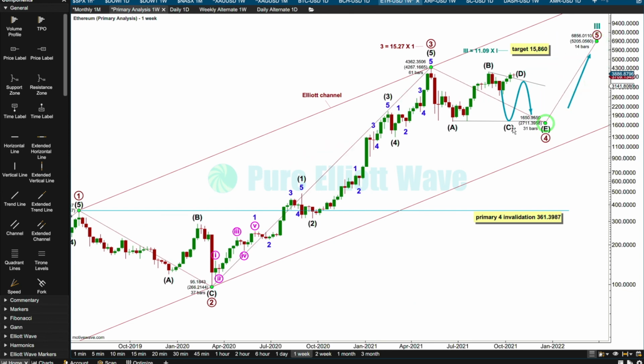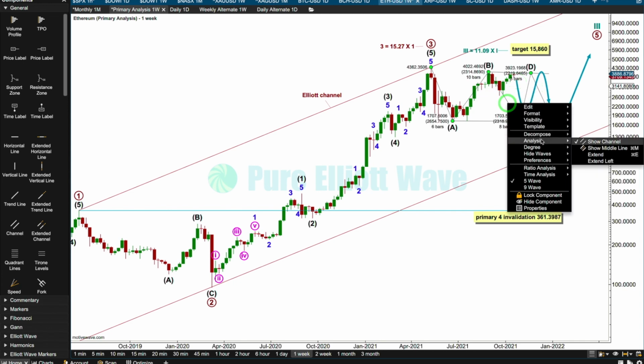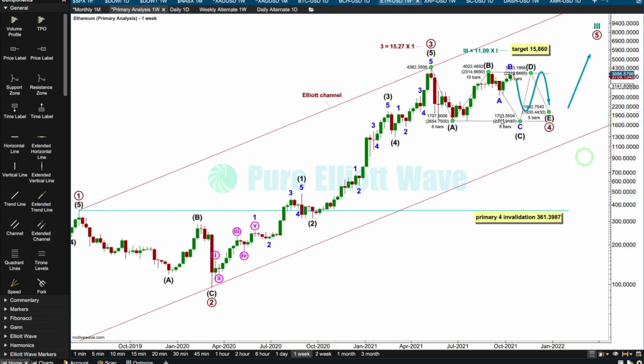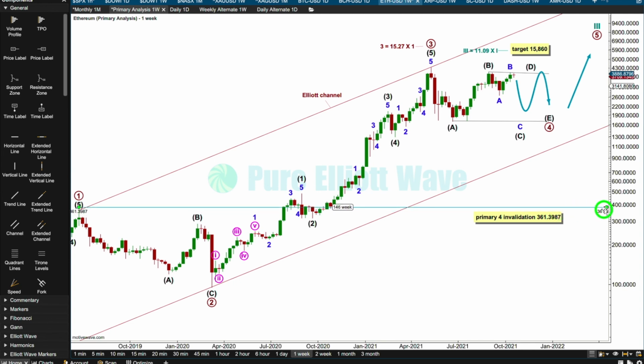I want to put my AC trend line here, and I want to bring E up here, and C wouldn't be over, so let's get some labels for C in here. This bounce could be wave B with an intermediate C, and it could be testing the BD trend line. But the first thing I notice about this now, it doesn't have the right look regarding the triangle trend lines.